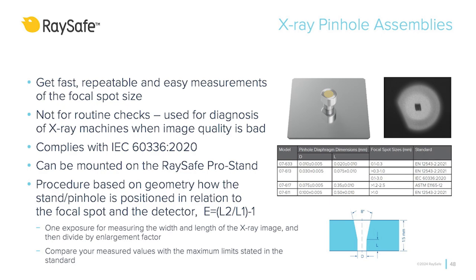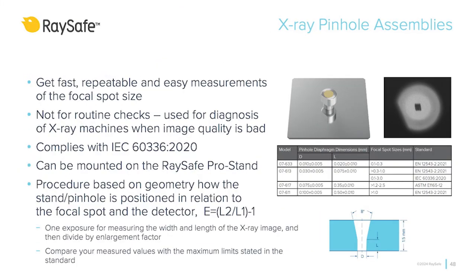Since the image is a magnified version, you need to account for the magnification factor. The magnification factor is determined by the distances between the focal spot and the pinhole and the detector. Calculation. Calculate the actual focal spot size using the measurements from the image and the known magnification factor. This gives you the dimensions of the focal spot on the anode.